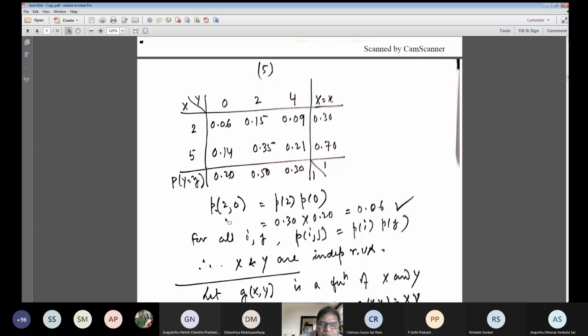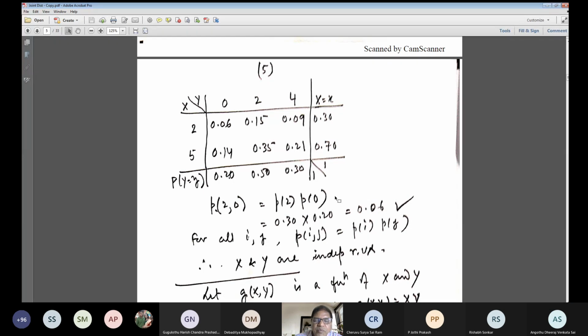P20 means probability x equal to 2, y equal to 0, must be equal to probability x equal to 2 times probability y equal to 0. This is the joint probability, and these are the marginals. In this case, P20 is, as you can see, 0.06. P2 we have obtained as 0.3, and P0 is 0.2.